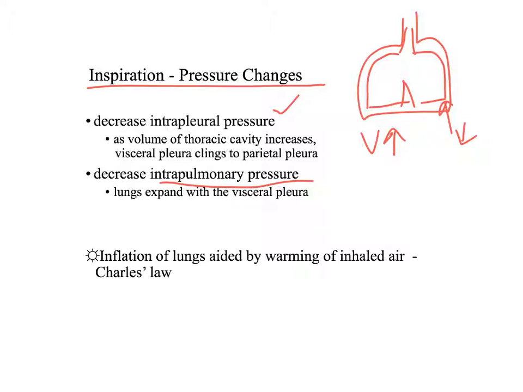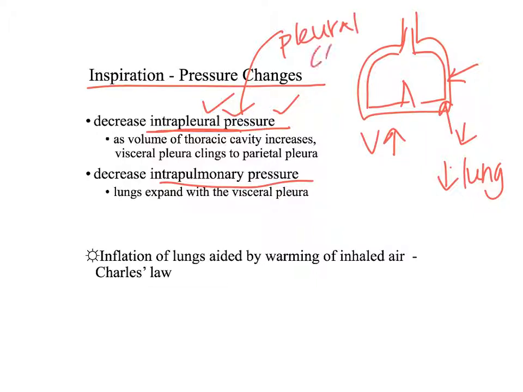So it's kind of like a chain reaction. The intrapleural pressure decreases, the lungs stick to that, and then the pressure in the lungs decreases. Intrapleural pressure is what's in the pleural cavity. Intrapulmonary pressure is the pressure in the lungs.